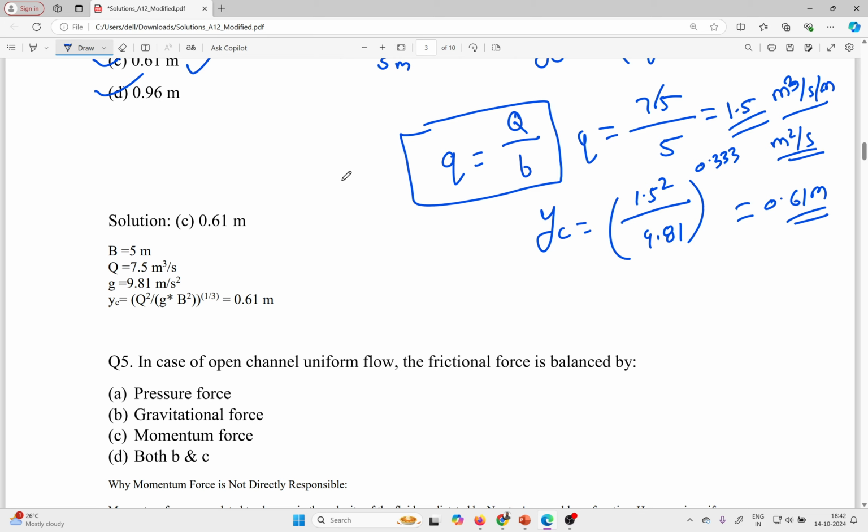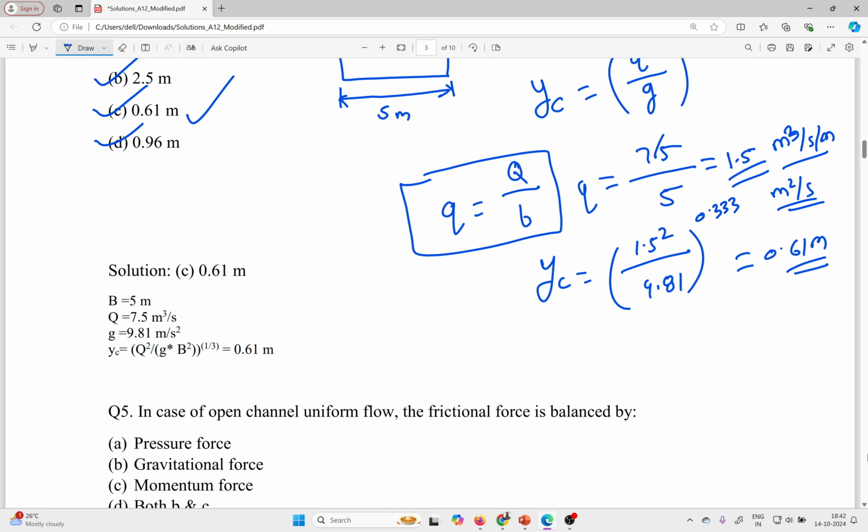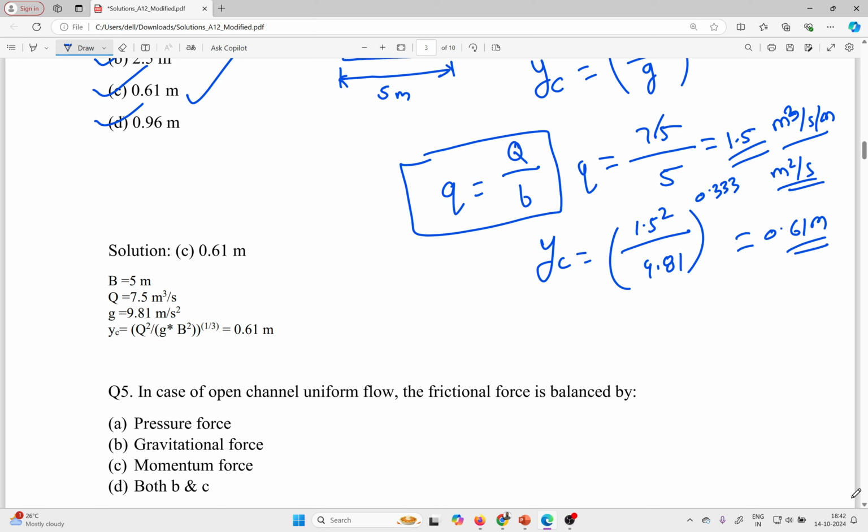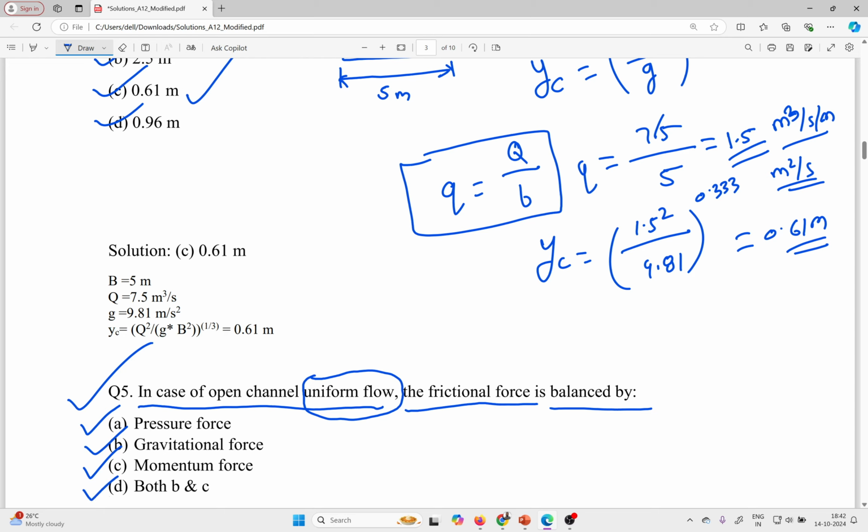Now, question number 5. In case of open channel uniform flow, again we are studying uniform flow here, remember please, the frictional force is balanced by pressure force, gravitational force, momentum force, or both B and C. So it is a very important conceptual question.